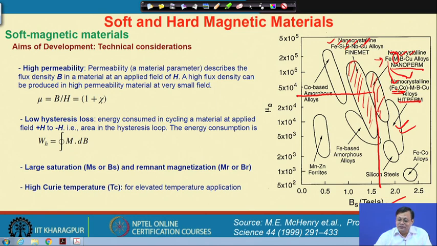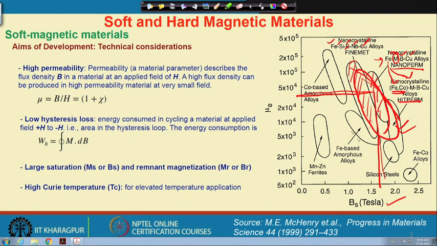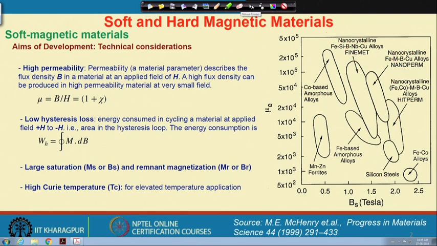So, there is some benefit of that. So, there is a chronological order of the development of this series of alloys, with an optimized value of Bs and mu. And this is a very interesting topic of our discussion, and let us try to look at, for this developmental issue, what are the other considerations involved in choosing the composition of an alloy.